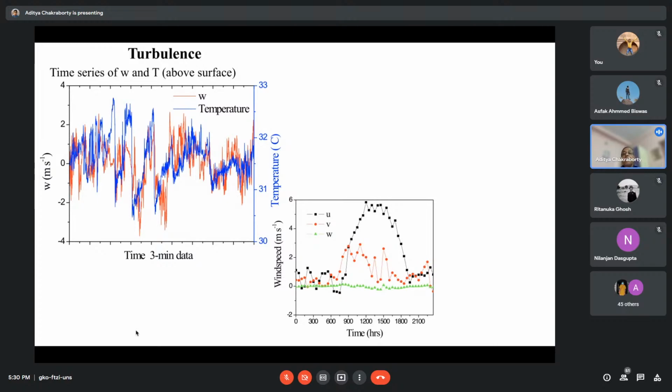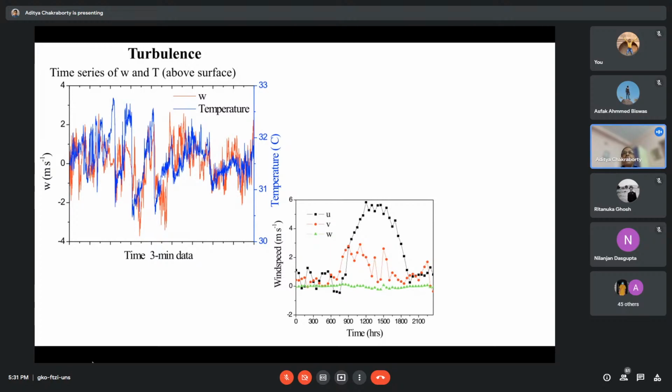But despite it being constant, the exchange takes place. So that is what we have to understand. On a longer time scale, the 30-minute time scale, we see the wind speed is almost constant. But if we consider a very, very small time scale, for example, the left figure, which is only 3-minute data, we can see that W, the vertical component, shows a very significant variation.